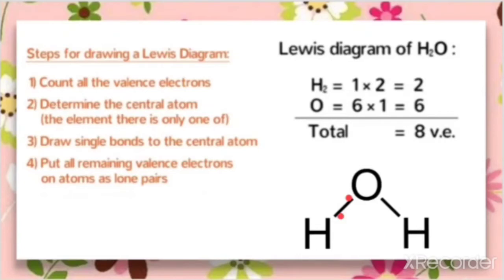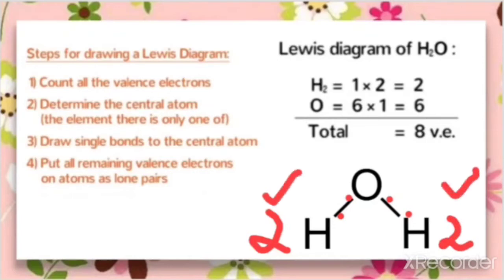As we know, hydrogen gets stable by getting 2 electrons, because only a single shell is there in hydrogen. So with 2 electrons, hydrogen is satisfied. Now 2 electrons are over, third electron, fourth electron. Now this hydrogen is also getting 2 electrons, so both the hydrogens are satisfied.